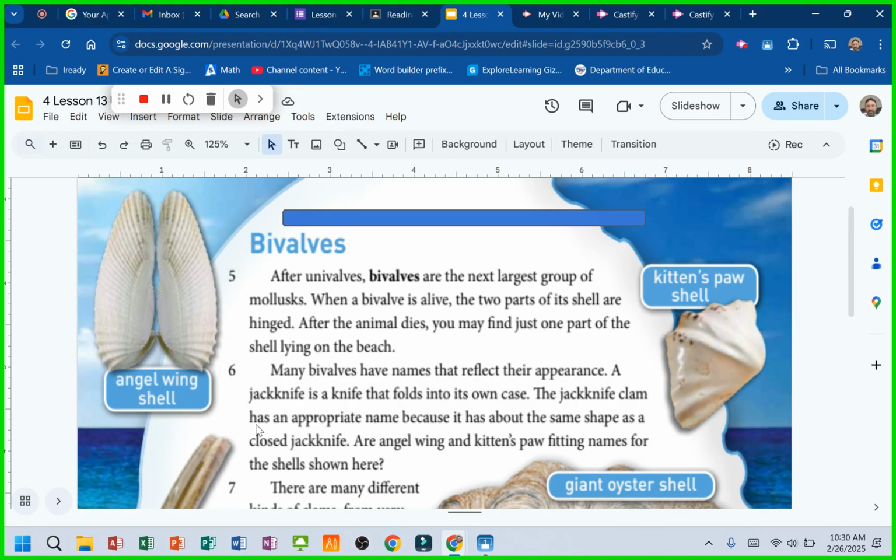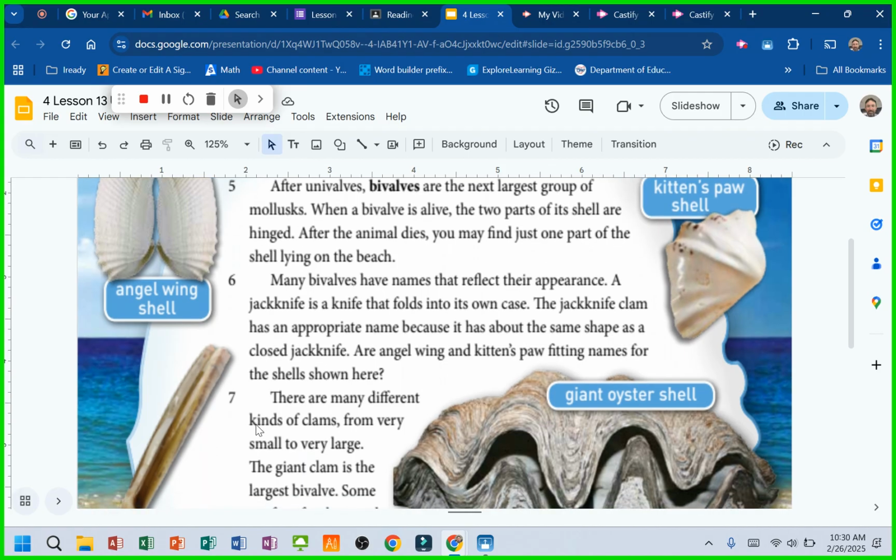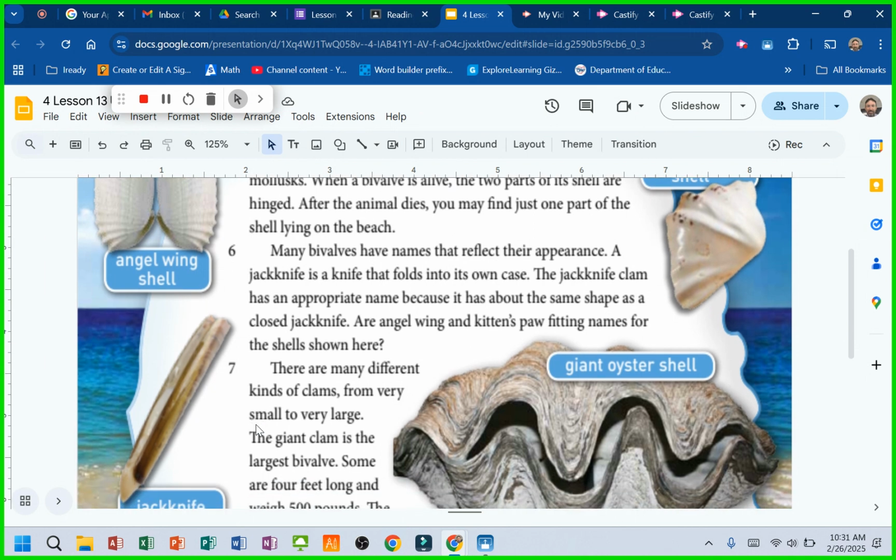After the animal dies, you may find just one part of the shell lying on the beach. Sometimes I find them together, which is cool. Many bivalves have names that reflect their appearance. A jackknife is a knife that folds into its own case. The jackknife clam has an appropriate name because it has about the same shape as a closed jackknife.